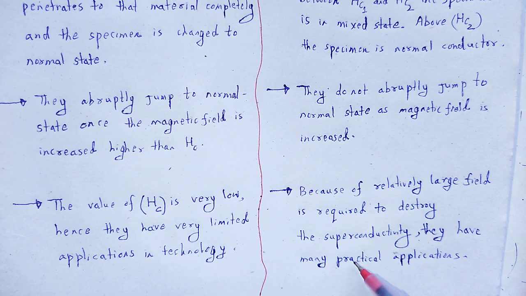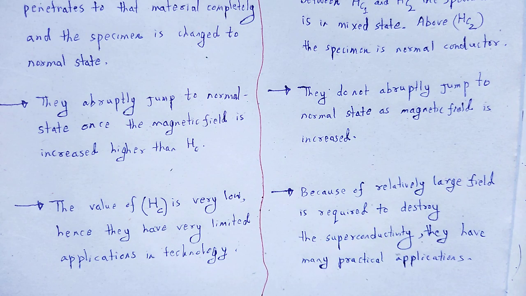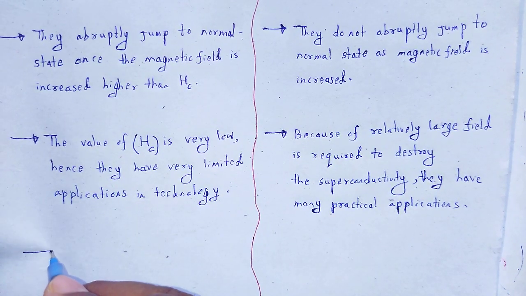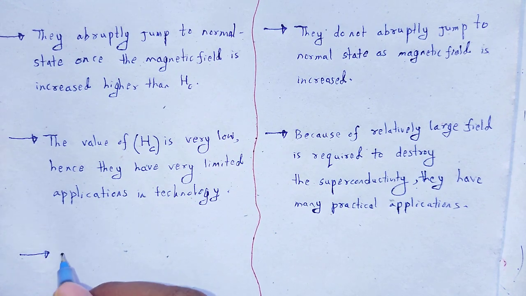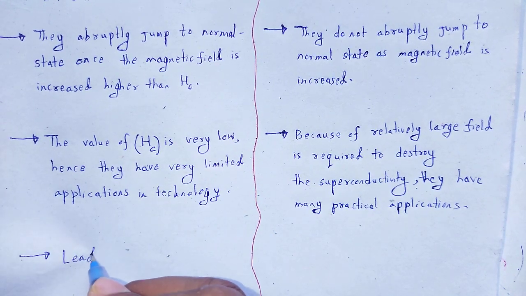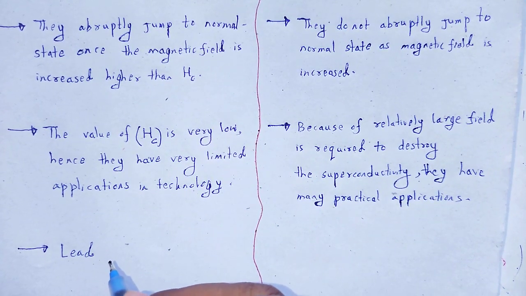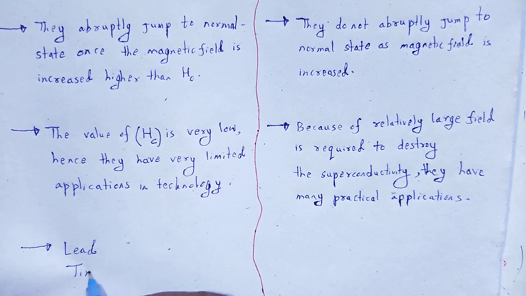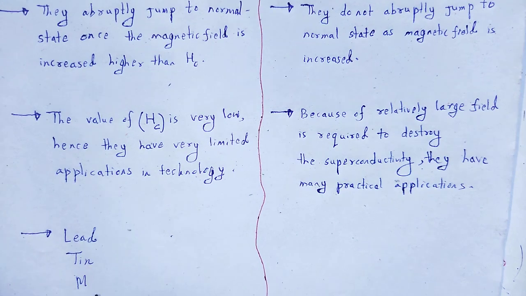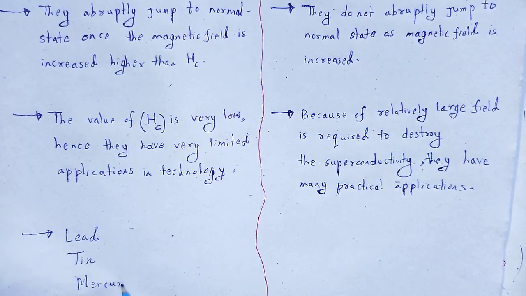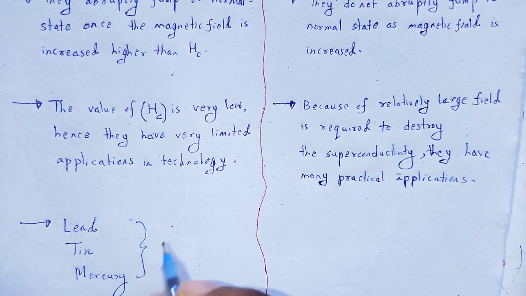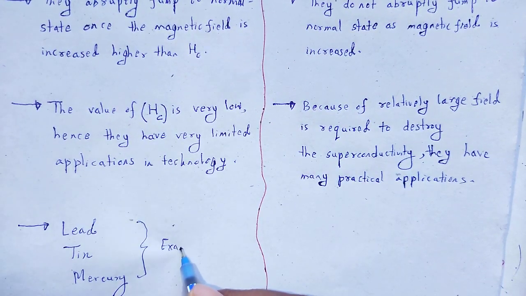Also we use type 2 superconductors. Examples of type 1 superconductors are lead, tin, mercury. These are the examples.